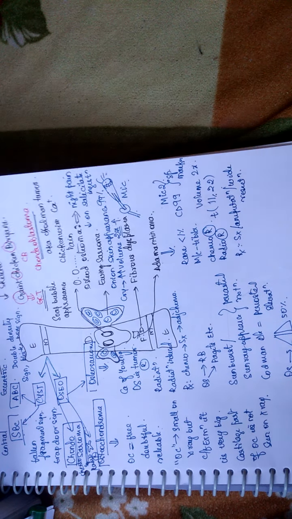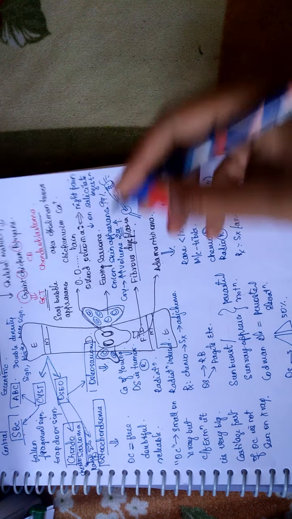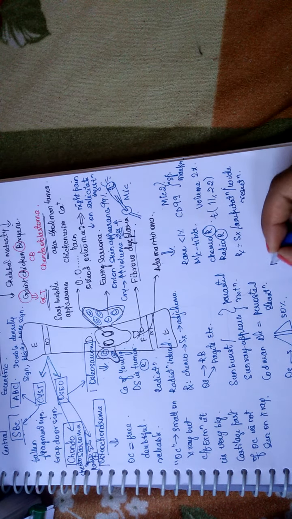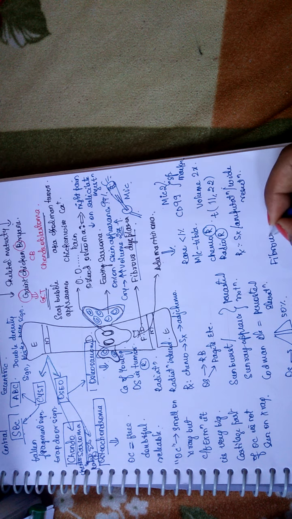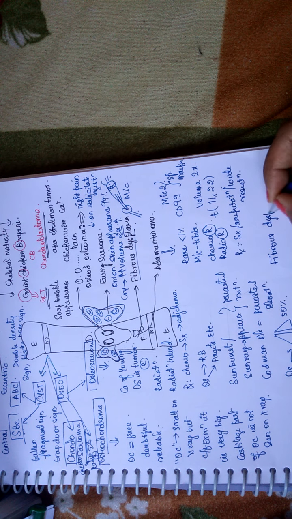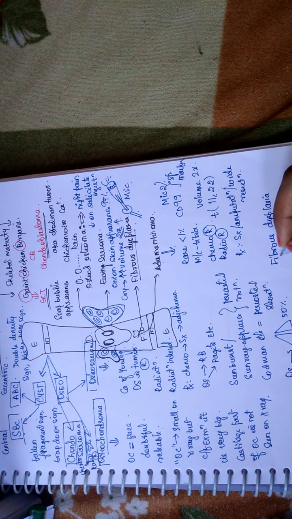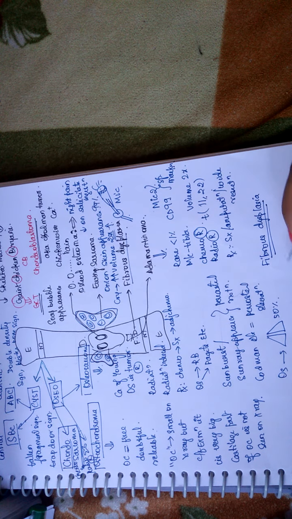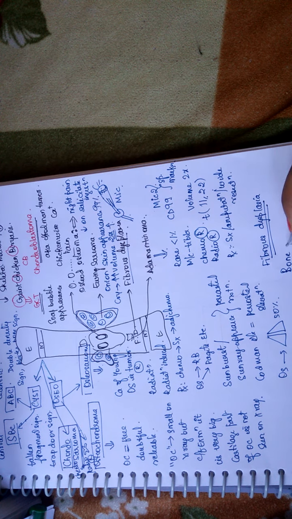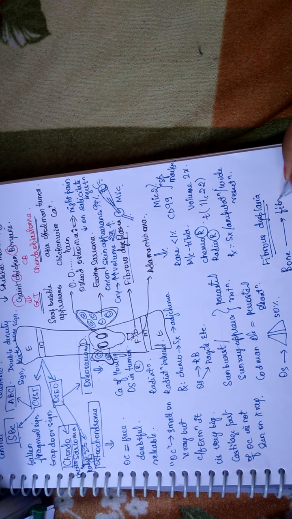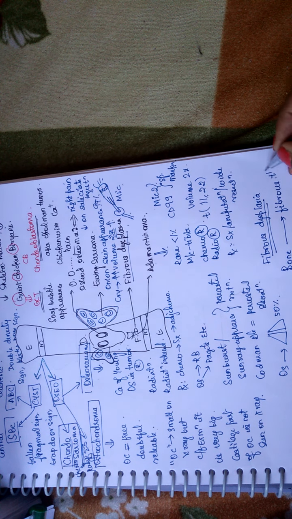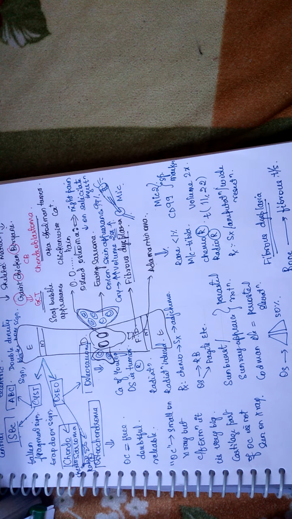We have covered everything, but okay, we have left fibrous dysplasia. Fibrous dysplasia is a lesion in which the bone is replaced by fibrous tissue. So the bone is kind of weak, right? So it will get deformity.